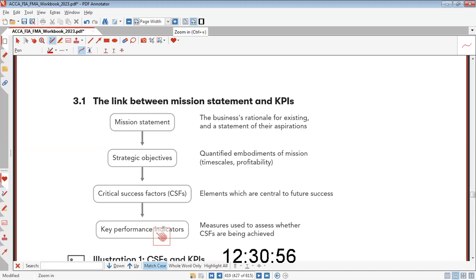So the critical success factor is pass. Then you can set your own key performance indicators. Say, maybe this one I want to get a 70, this one I want to get a 40, a 50. As long as it's a pass, the KPIs can vary. The KPIs will inform the critical success factors. As long as the business is profitable, it's a good business. But then the levels may differ. Okay.